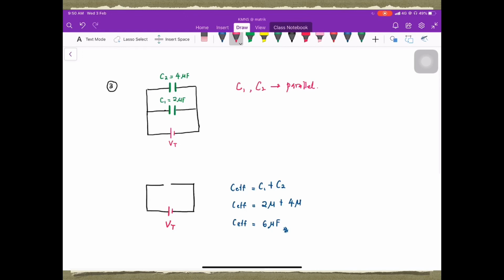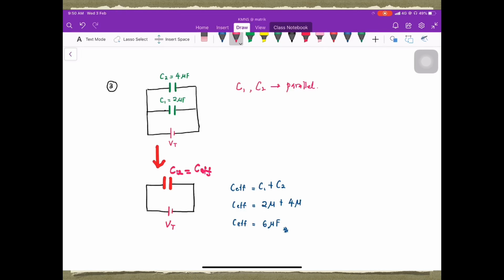Okay, so next step, we need to draw a simple diagram here. From the complicated capacitors, now we need to draw the simple one, a single capacitance. This single capacitance will represent the combination of 1 and 2, or we can write it as the effective capacitance.